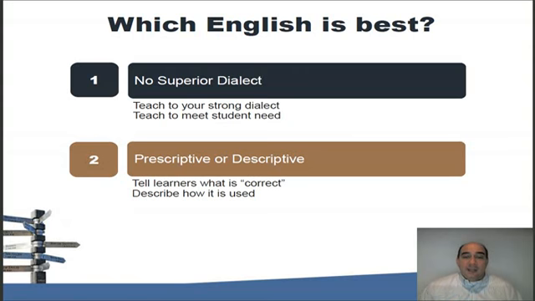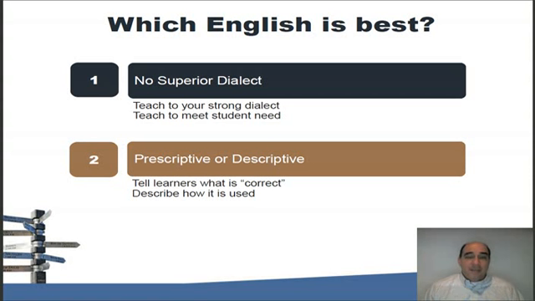Okay. Next question that they wanted to bring up was which English do you teach? Do you teach my dialect? Do you teach another dialect? Do you teach the Queen's English? Do you teach proper British pronunciation? Which one do you do? The answer of which one is best is there are none that are best. What is the objective that you're trying to give for your students?